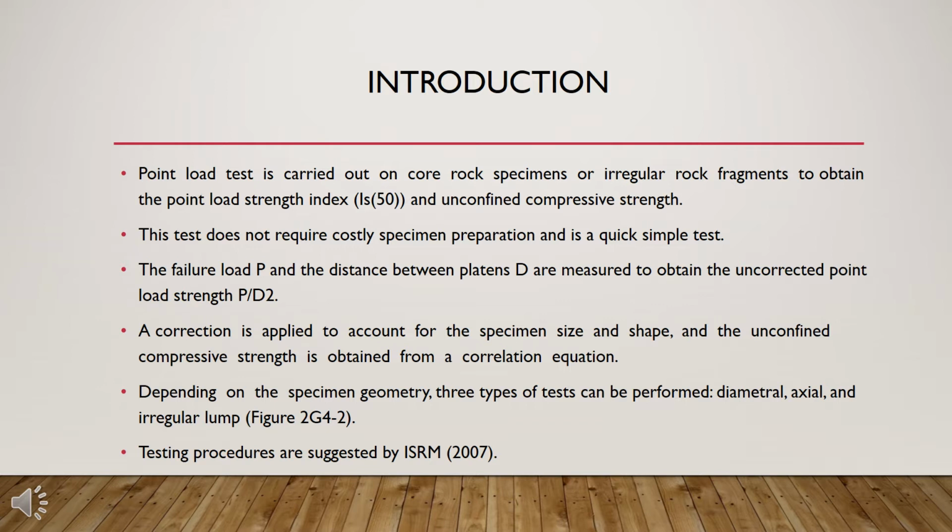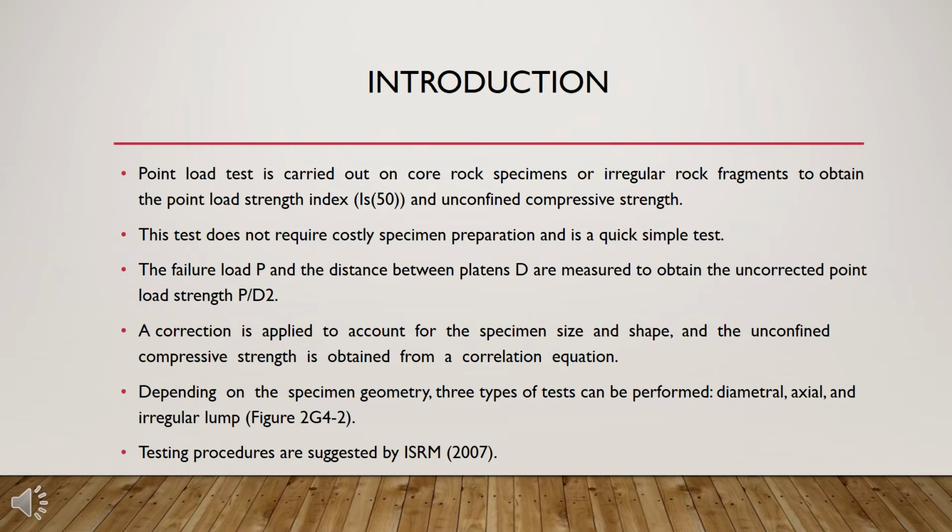The failure load P and the distance between platens D are measured to obtain the uncorrected point load stress P/D². A correction is applied to account for the specimen size and shape, and the unconfined compression strength is obtained from a correction equation, depending on the specimen geometry.